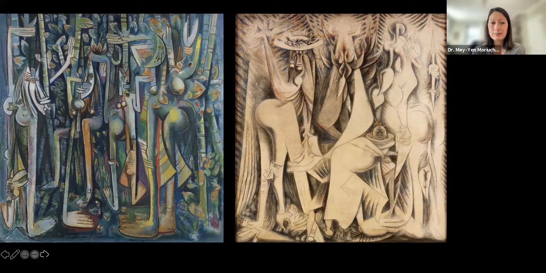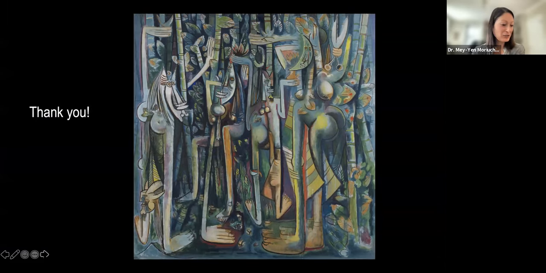So I might bring in something like The Eternal Presence or other works to do comparisons with The Jungle, and point to the engagement with European modernist movements, his embrace of African and Afro-Cuban traditions like Santeria, but also his Chinese roots, and to think about these works as expressing his transnational experiences. So with that, I'll end. I probably went a little bit too long, but I'm happy to take any questions from all of you.